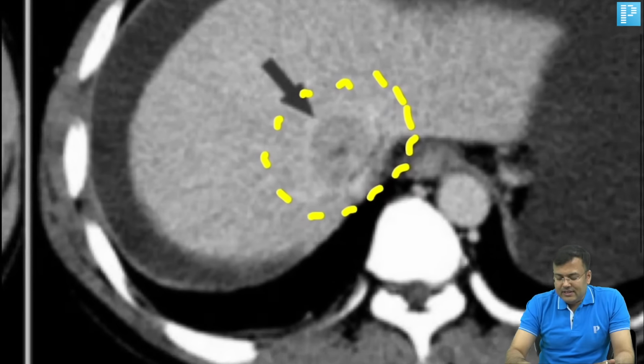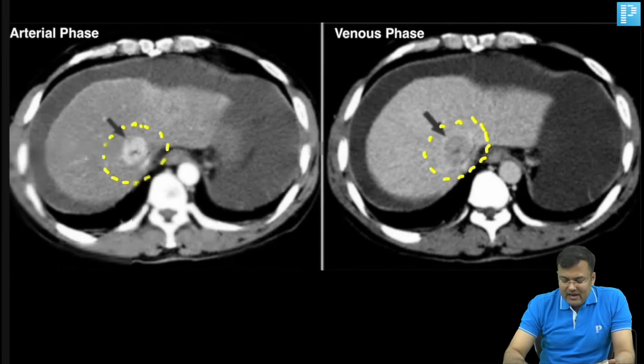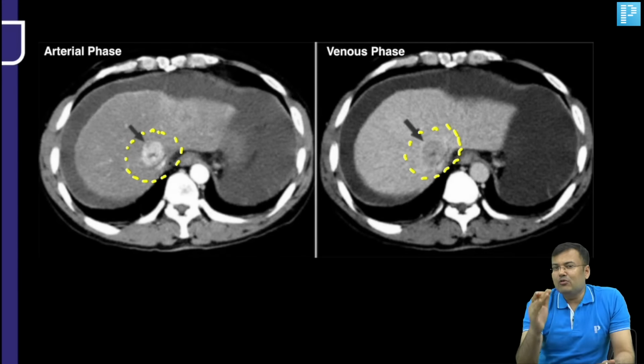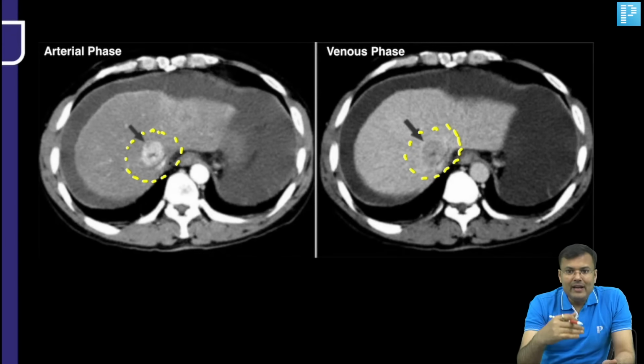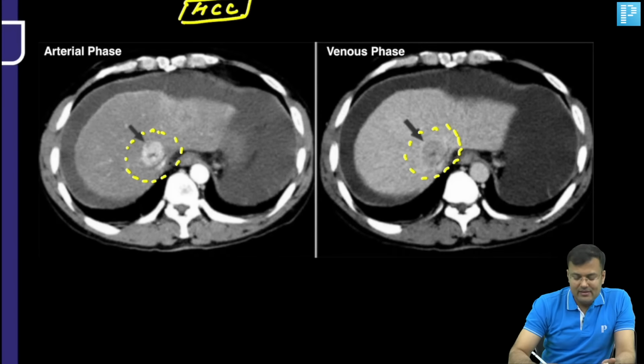During the venous phase you can see venous washout of contrast. This is the diagnostic criteria of HCC and everybody is correct. So, guys, this is hepatocellular carcinoma.